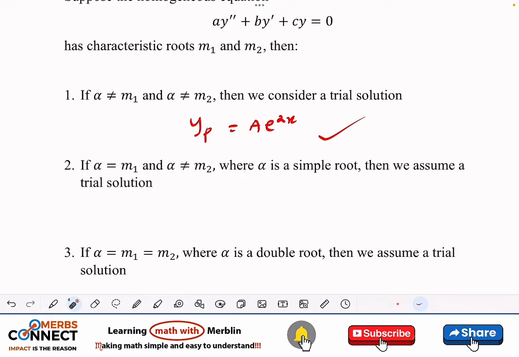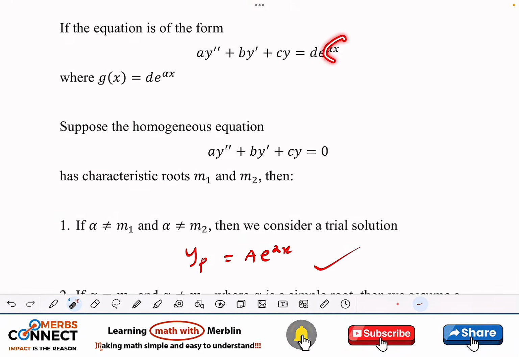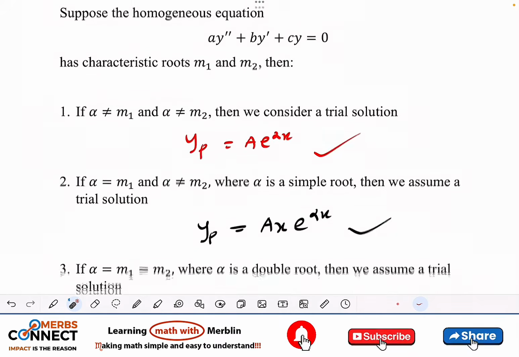Then what will be the guess solution? It is very simple. Our yp should be a e to the power alpha x, but here we multiply it by x because one of the roots is the same as this. And you understand when we take an example, this is going to give us this. So since one of them is the same as m1, we multiply by x. So this will be the guess solution when one of the roots is the same as the coefficient alpha x here.